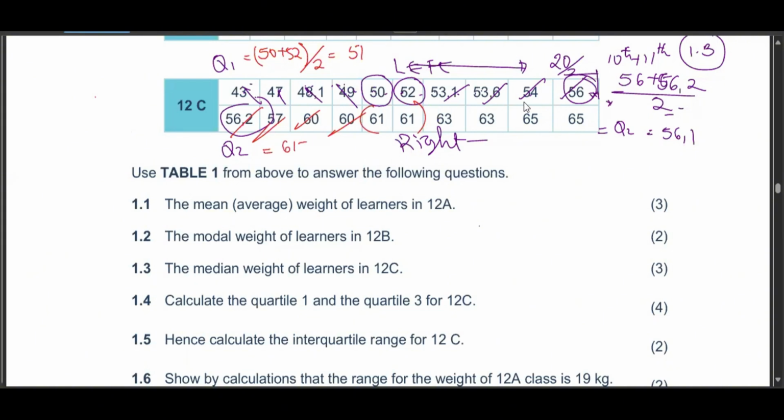So Q3 will become 61 plus 61 divided by 2. So it becomes 61. Okay, now we've got Q3 and Q1. So calculate the interquartile range. We shall say IQR equals Q3 minus Q1. So 61 minus 51. The answer becomes 10.